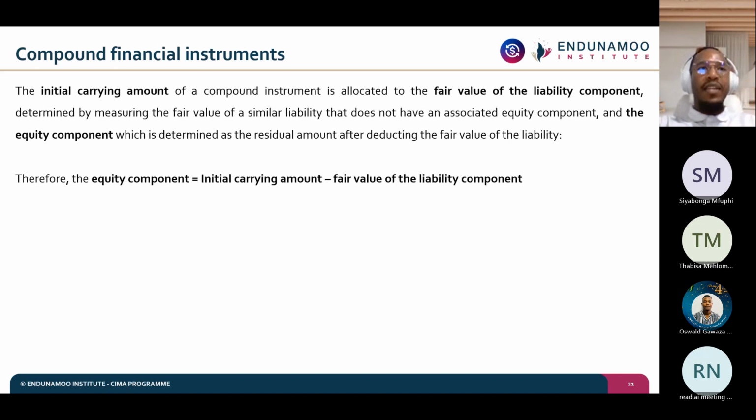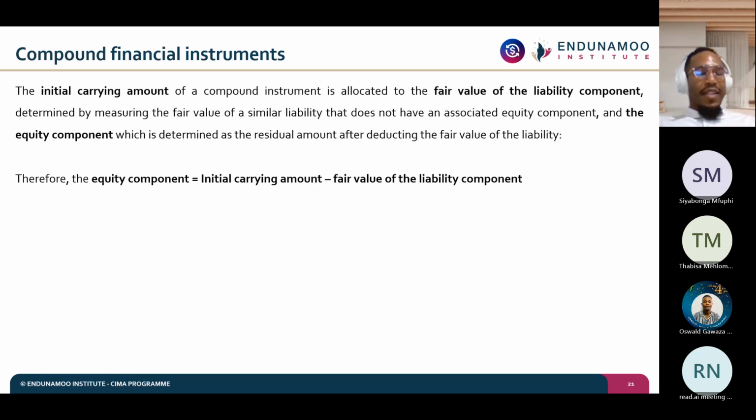Let's keep talking through these financial instruments. How do we then split the amount of the financial instruments? We just said now that you would have received a certain amount of money, and you're going to have to split it between the liability component and the equity component.